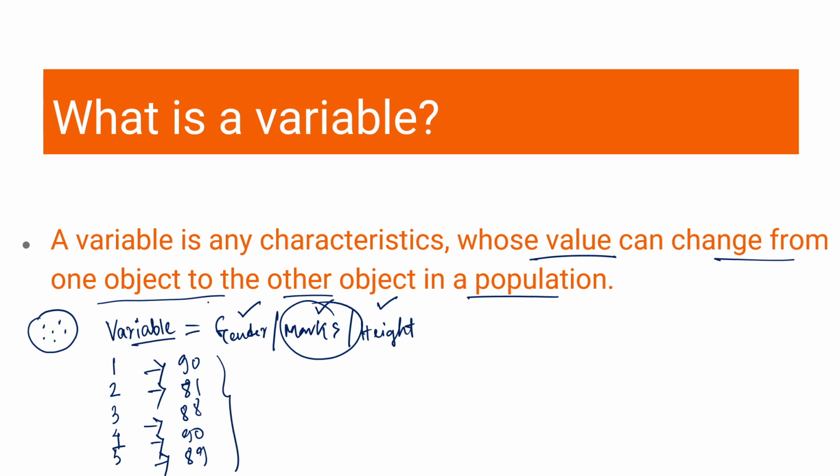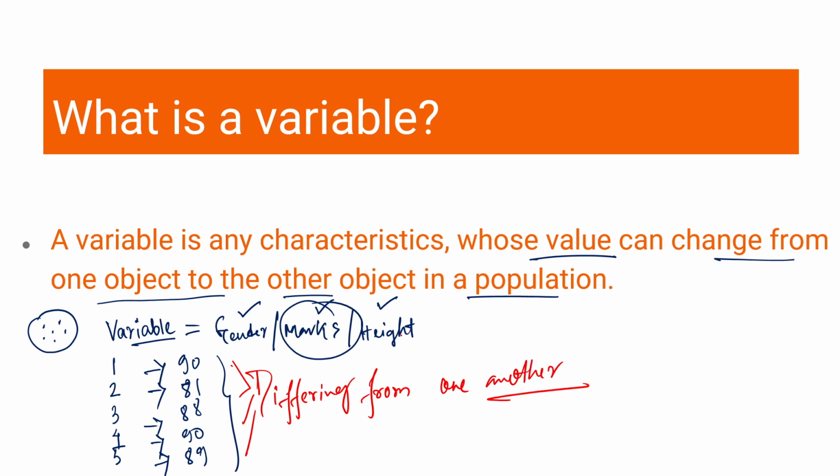These are the values of only a single variable. The variable is marks here, and these are the individual values, and these individual values are differing from one another.